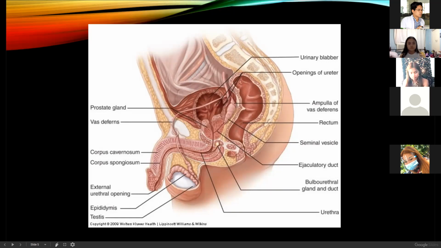Again, it is joined with the urinary system. That's one of the unique characteristics of the male reproductive system. So aside from reproduction, the penis is also used in the urinary system. Please familiarize yourselves with the terminologies being used there because they will come out in your major exam.